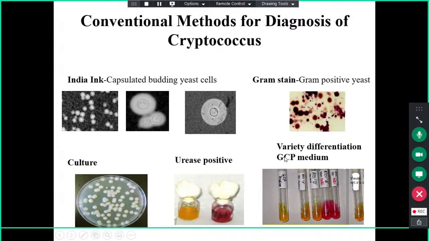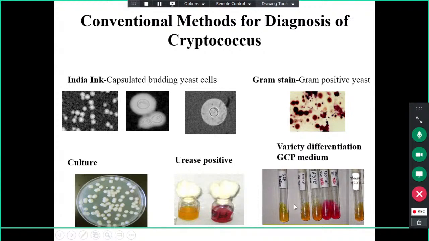And you can differentiate using this medium, glycine and canavanine medium, the CGB medium, with bromothymol blue. Actually CGP is not correct, it is CGB.